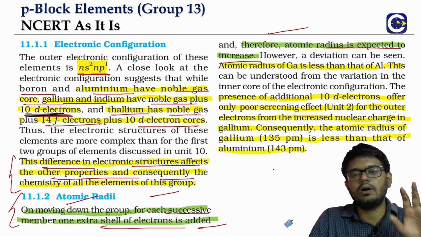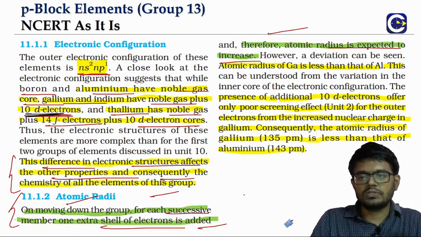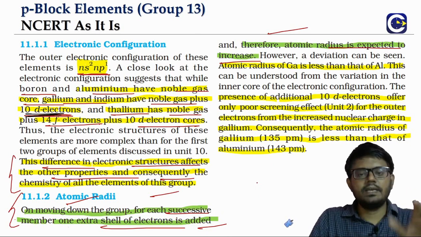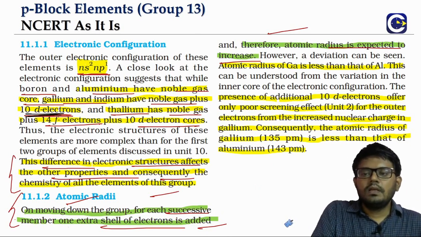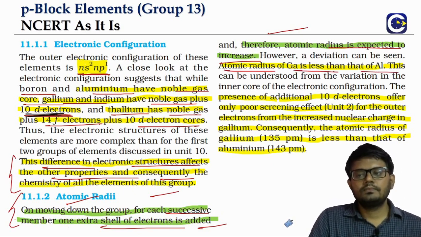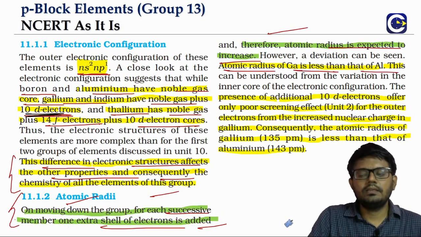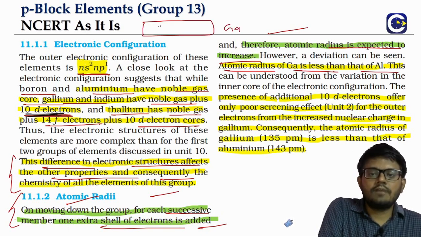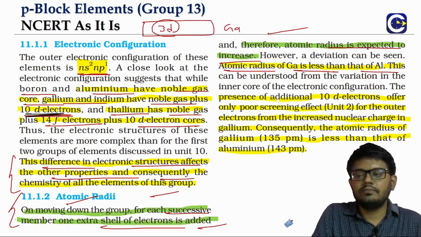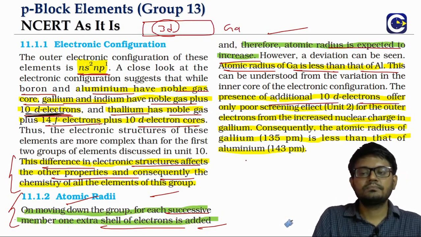Remember, in all our inorganic chemistry, we have to focus on the exceptions and why they are coming. That is where we will be getting questions. The atomic radius of gallium will be less than aluminum. Why? Because when we come to gallium, we are filling 10 electrons into the 3D level.